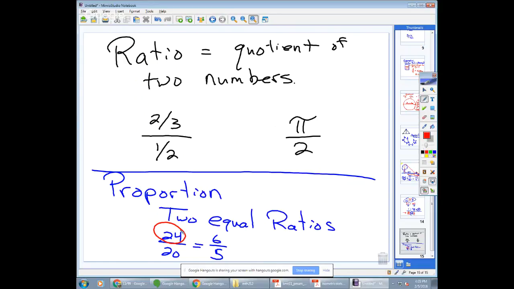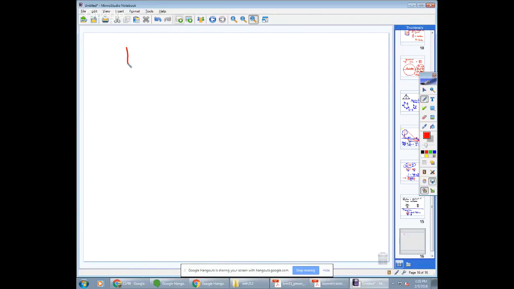All right, so back to proportions, and then we'll play around with a couple other ideas related to it. A proportion is two equal fractions, and let's suppose I'm going to call the numerator y and the denominator x.